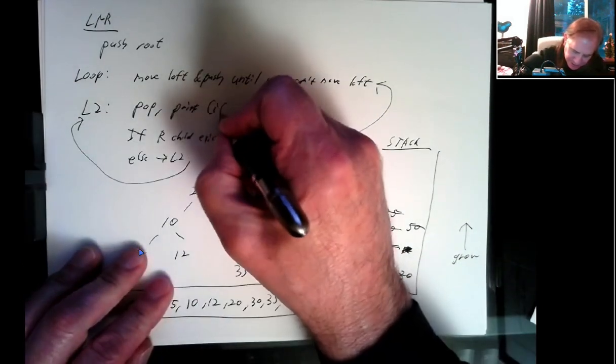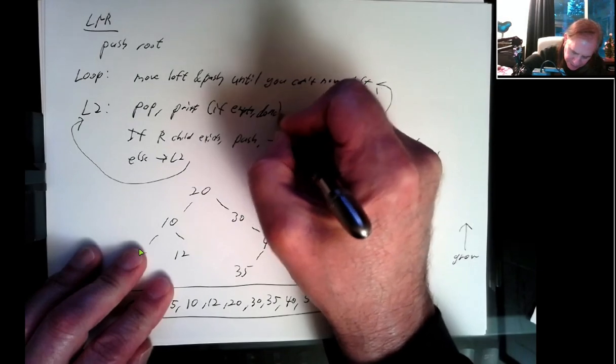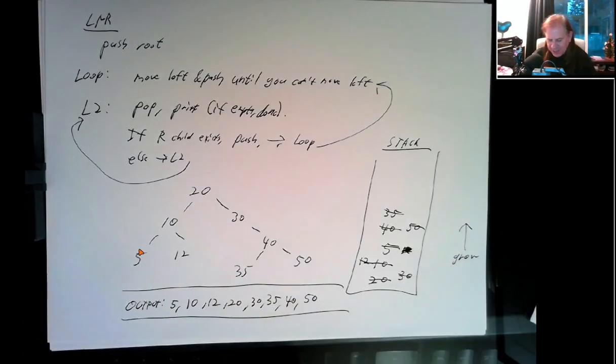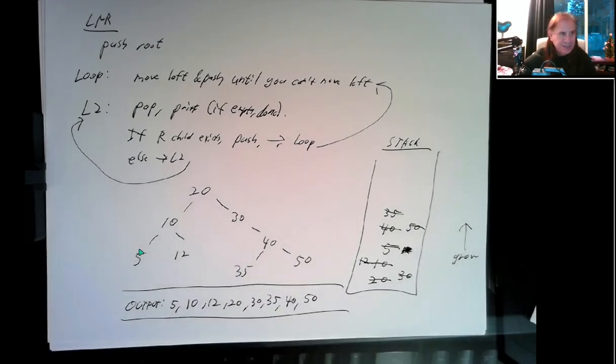So if empty, then we're done. And in this case, the stack's empty, so that's the end of our algorithm, and we've printed out the entire tree in left node right order.